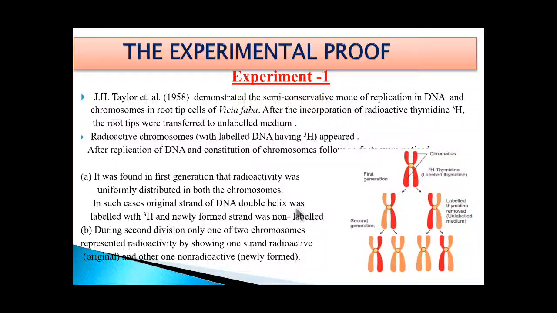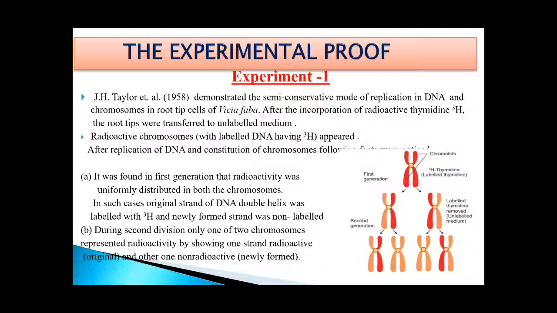In 1958, J.H. Taylor et al. demonstrated the semi-conservative mode of replication in DNA and chromosomes in root tips of Vicia faba. After the incorporation of radioactive thymidine, the root tips were transferred to unlabeled medium.